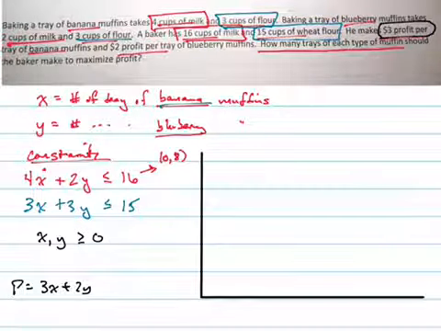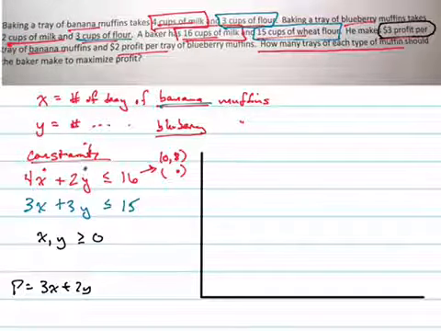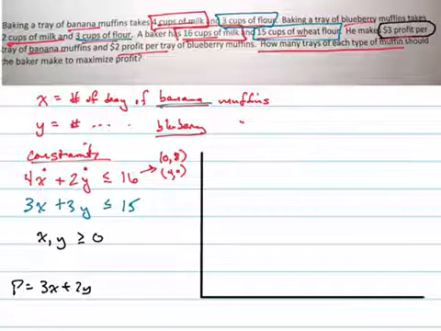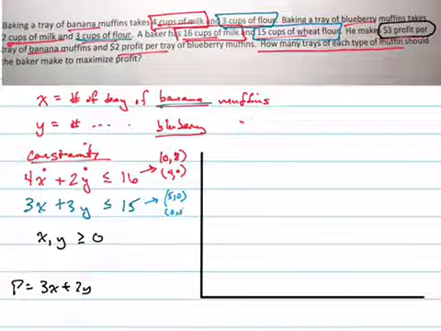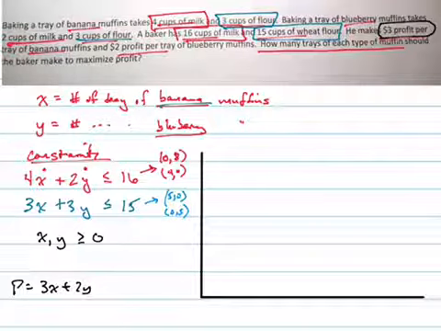If I plug 0 in for y, I get 4 for x. So 0, 8, and 4, 0 will create one line. And then for the blue one, you can see right away what it's going to be: 5, 0, and 0, 5. So I know that the y has to go up to 8, the x has to go up to 5.